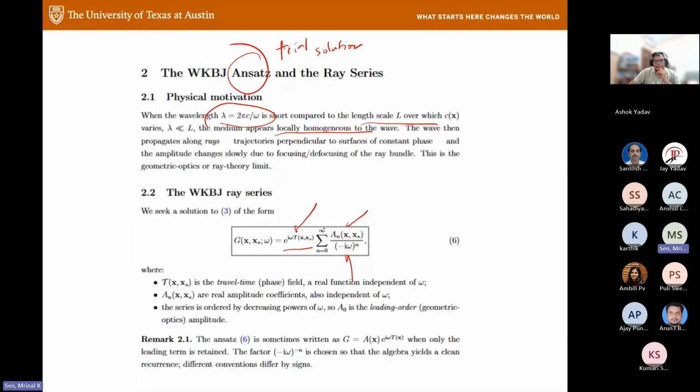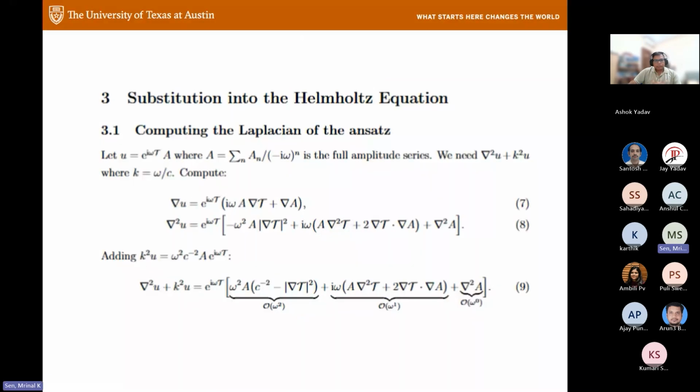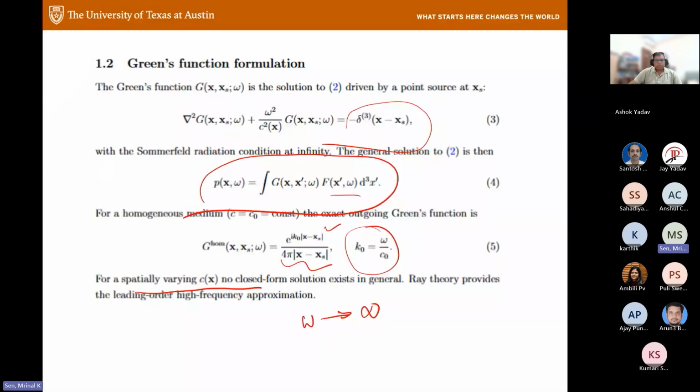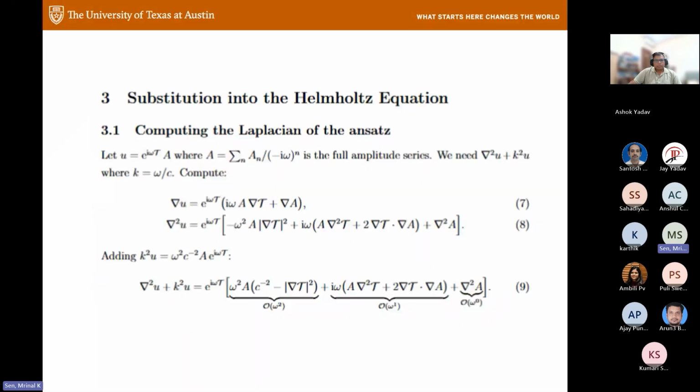So then what do we get here? If you take that solution and plug it into your wave equation, equation 3, you start to collect terms of different order of n. What you see is this is your grad u and this is your del square u, and adding these, we have a term that looks like this.